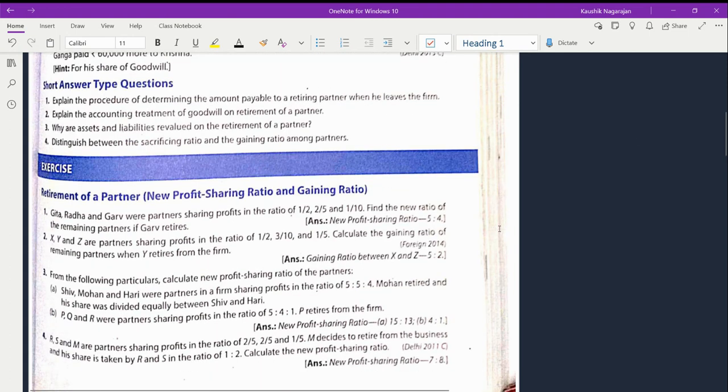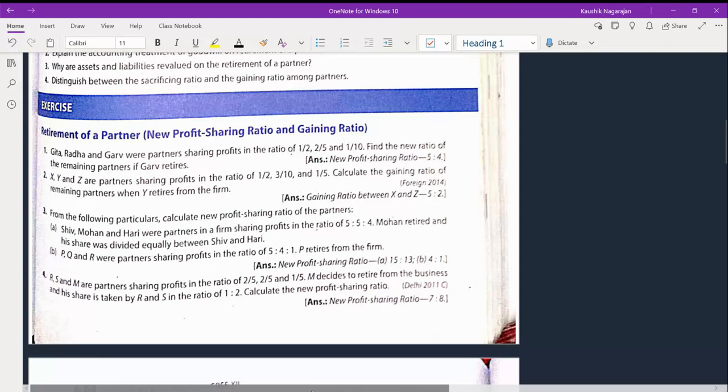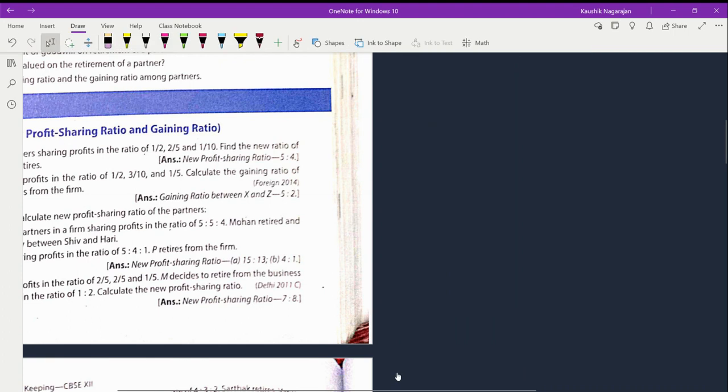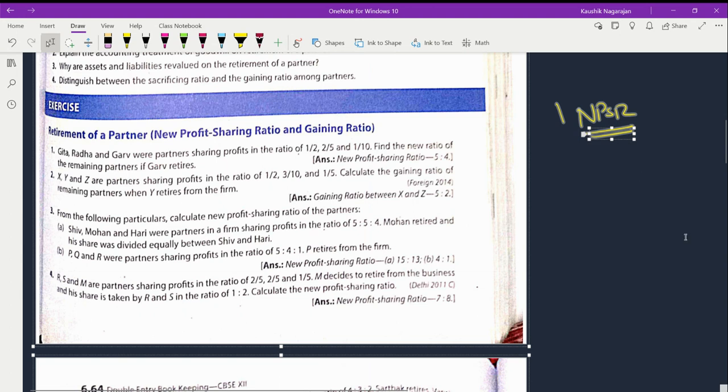Okay, first, in this concept of finding out the new profit sharing ratio, we have to understand that there are two different levels of problems under the calculations of NPSR. So finding out the new profit sharing ratios in this category, we have got two different types of problems.